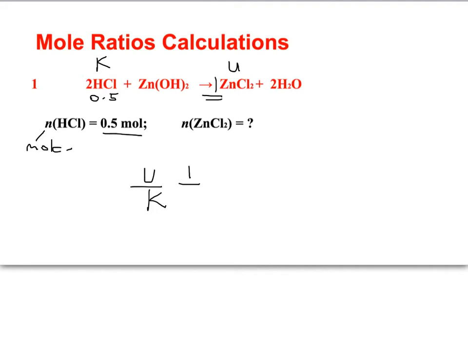Our known is 2 because there are 2 moles of HCl in this balanced equation, and we're going to times it by the number of moles of our known. So known moles equals 0.5, so our answer is going to be 0.25 moles.